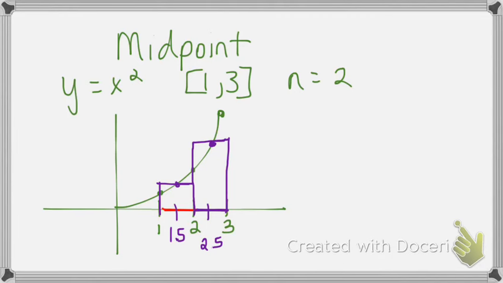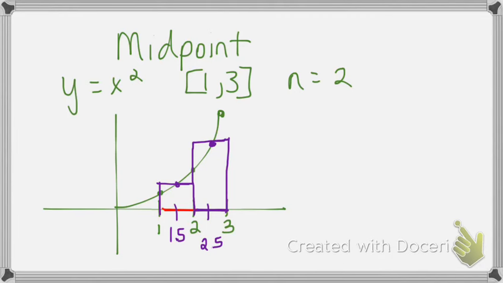I don't have a great way to help you look at that and tell. The interesting thing is that it's over on this first rectangle, it's over a little bit, and you're missing that, but it sort of looks like it might even itself out. Same thing here, it's over a lot here, but you're missing this part, so it looks like it sort of evens out a little bit.